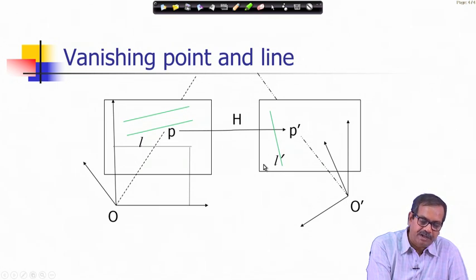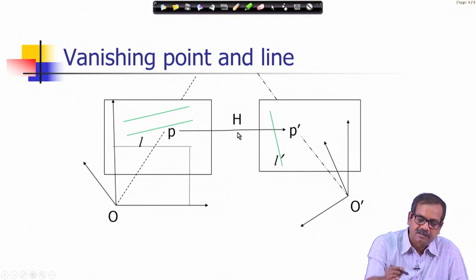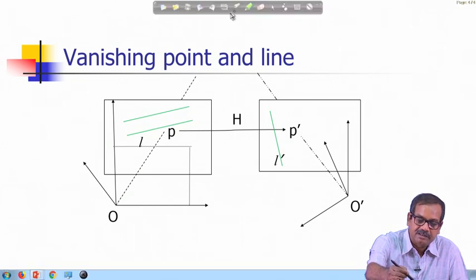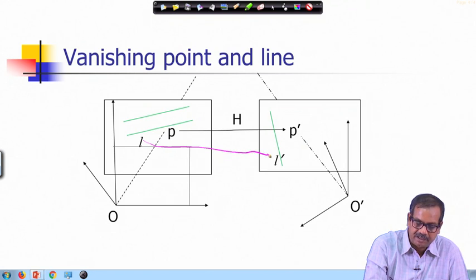You multiply L, represented in the 2-dimensional projective space, by the transpose of the inverse of the matrix H, and then you get the corresponding transformed line L prime. That means you have to multiply L with H minus T.